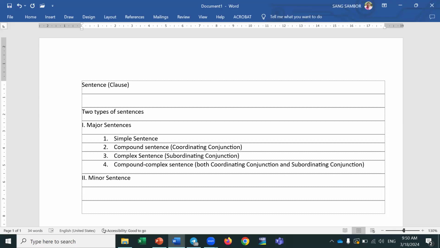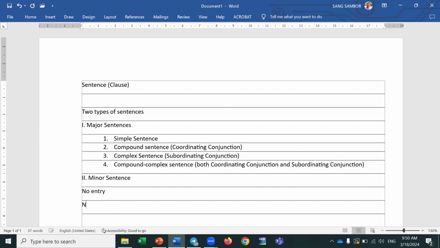Minor sentences are generally used as labels, telling the natures of the products. For example, when you walk on the way, you see the sign, like no entry. No entry.